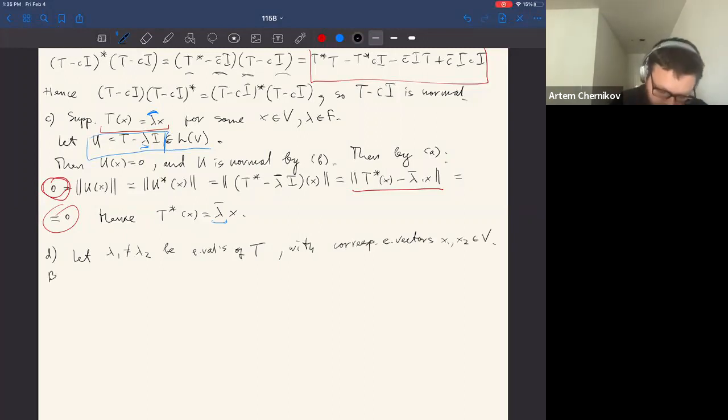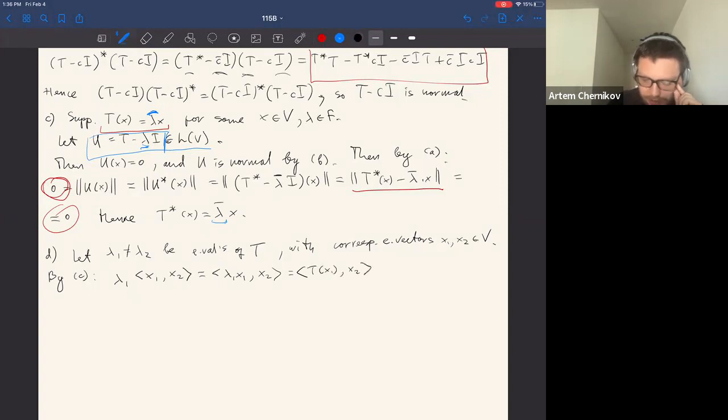So now applying C, we have the following. Let's look at lambda 1 times the inner product of x1, x2. By linearity of the inner product, because it's bilinear, this is the same as the inner product of lambda 1 x1 with x2. Now, lambda 1 times x1 is simply T of x1, because we're assuming that x1 is an eigenvector corresponding to lambda 1.